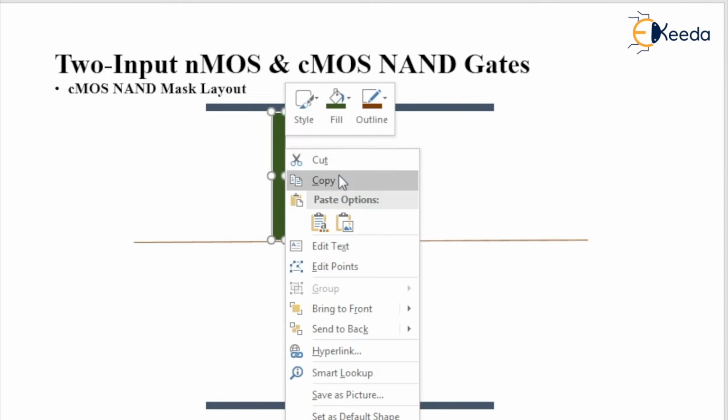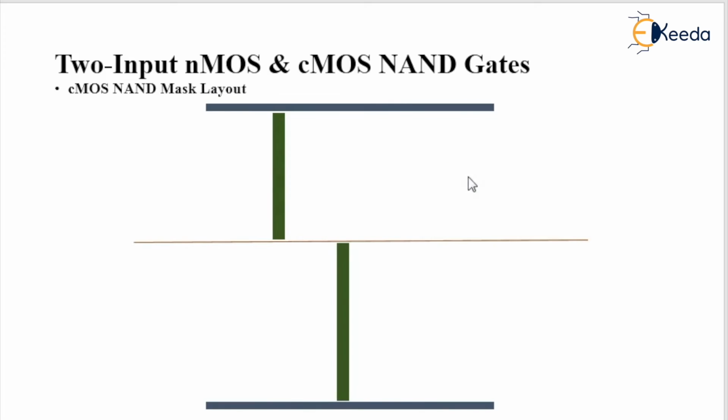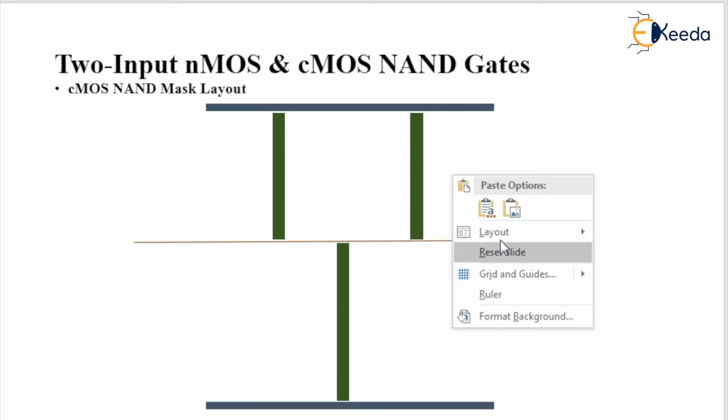Okay, I need to copy, paste. Right. Now I am going to take polysilicon for this. Here I require a polysilicon. So simply copy this one, paste.